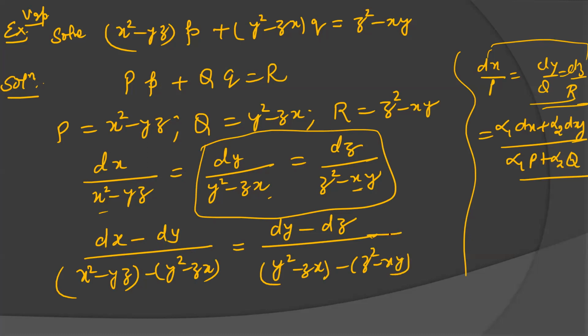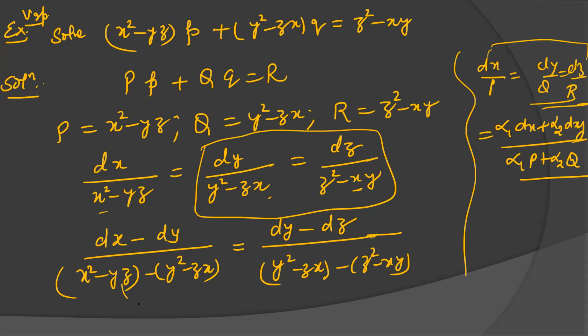Remember, this is not an easy job. You have to practice a lot. Even I cannot solve a new problem. It's a little bit complicated. Even Lagrange's cannot solve. So this is dx minus dy over (x minus y)(x plus y), and minus yz plus zx.